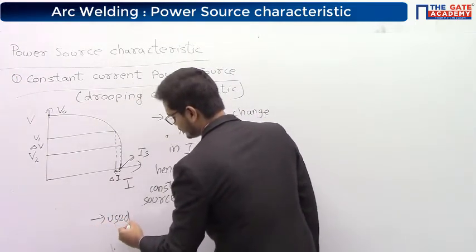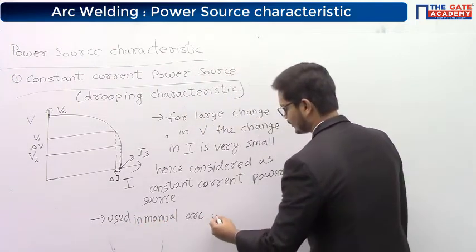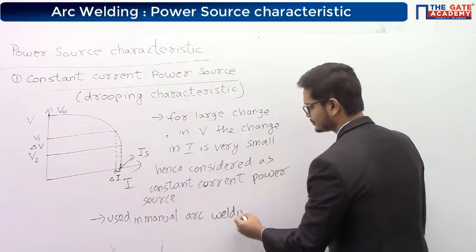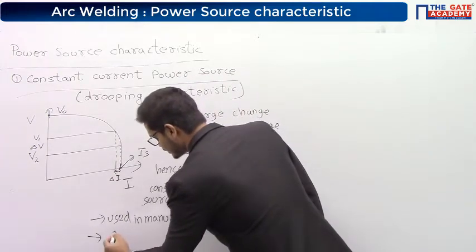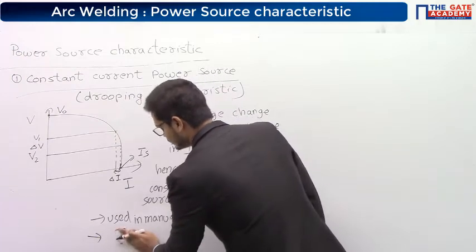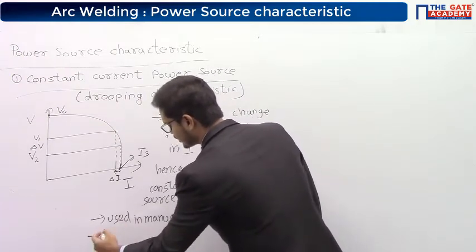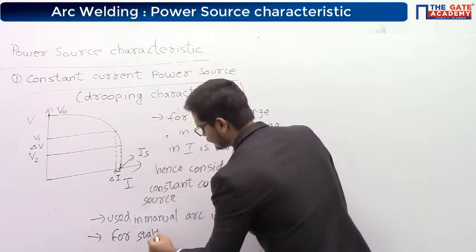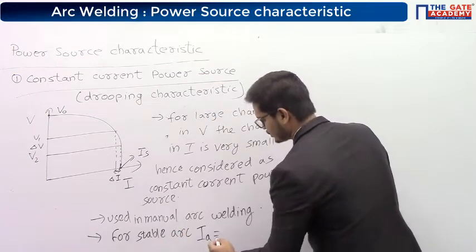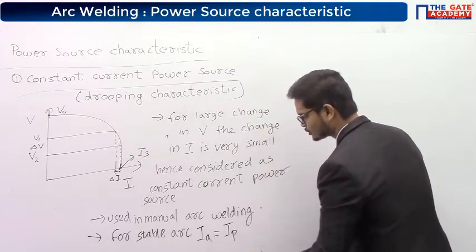Used in manual arc welding. For this, we keep the current constant. How much current is needed, that we set in the power source. For a stable arc, we set the current across the arc equal to the current across the power source.